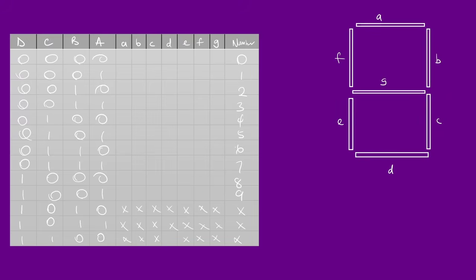So we're going to see if we can go ahead and get the configurations for a number of outputs. So if we were to make a 0, okay, we know that that's going to be A, B, C, D, E, and F. Highlighting everything around is going to give us a 0.